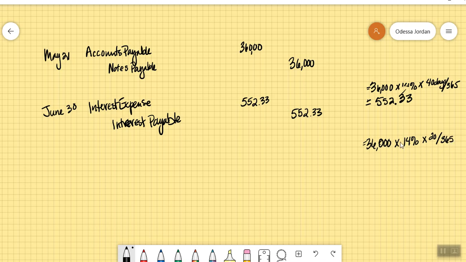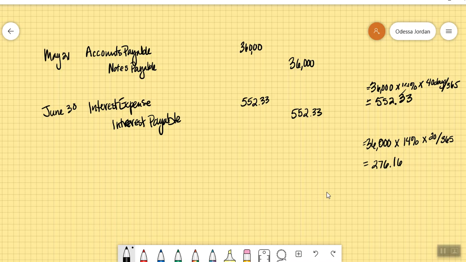Again, you want to multiply out all the numerators, 36,000 times 14% times 20 days, and then you divide by 365 days, and that should give you $276.16. So that's the amount of the interest that is paid in the current fiscal year.